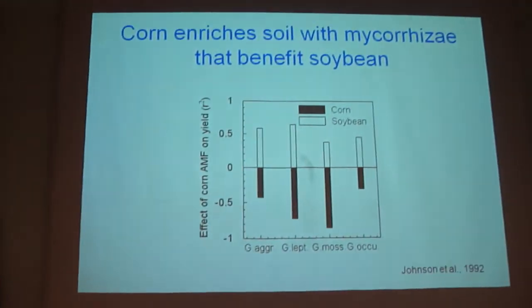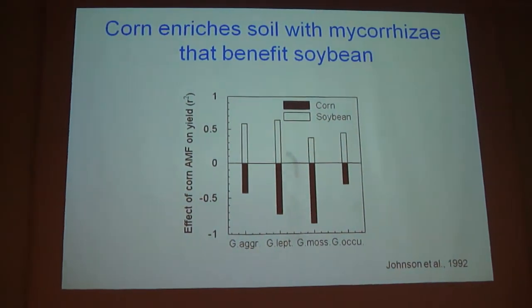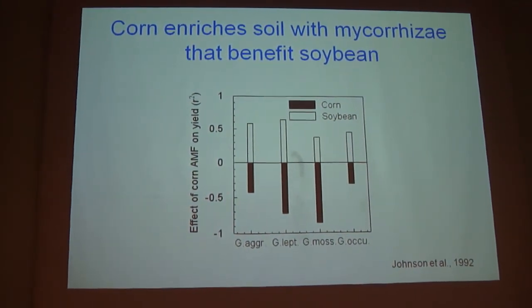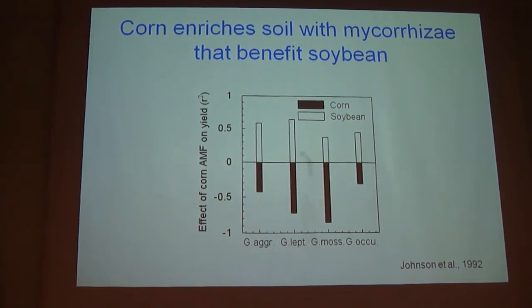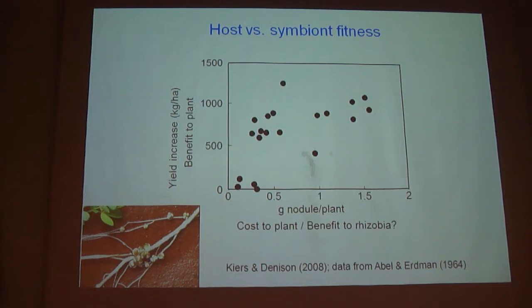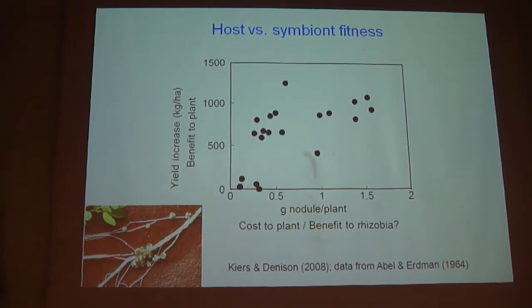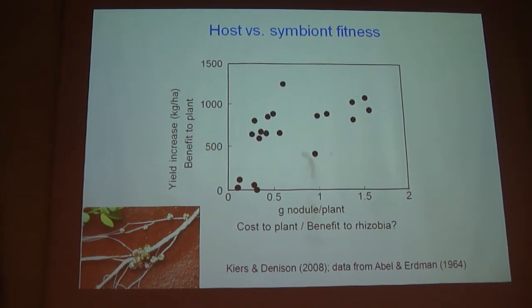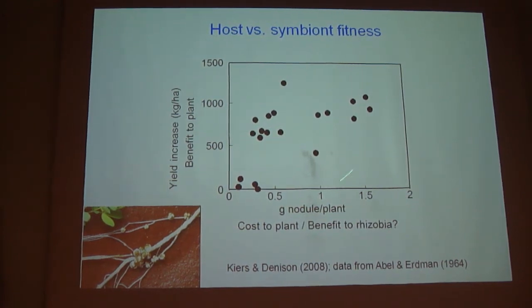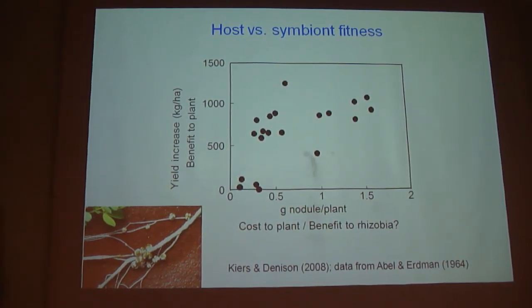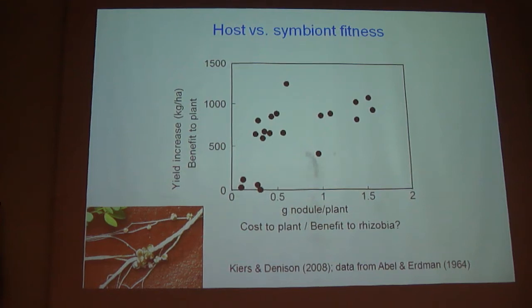I've already shown this graph, so I'll skip over it, showing the effects of corn enriching the soil with endophytes that are beneficial to soybeans. But this is what I've spent most of my career working on, the legume rhizobium symbiosis. And in this graph, each of these data points is a different genotype of rhizobia.